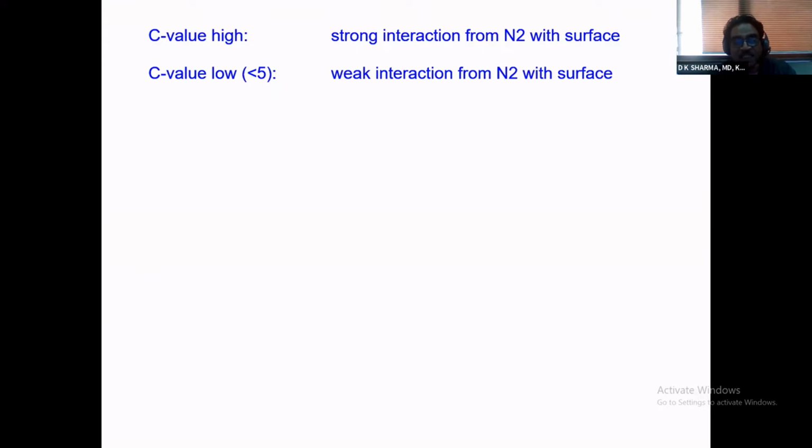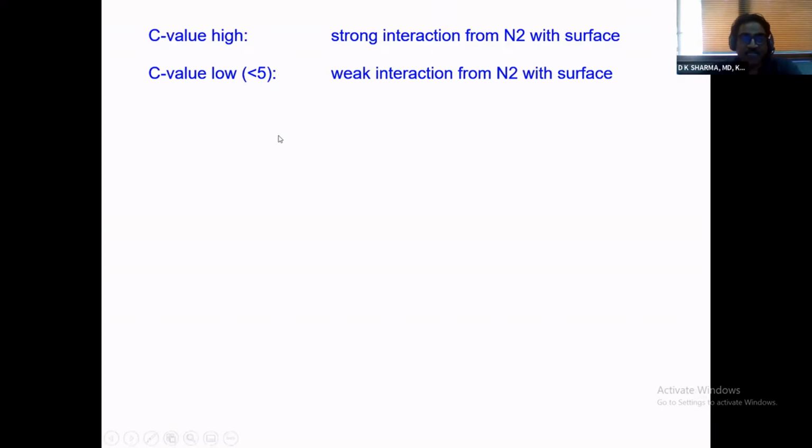Which basically means this attraction among the molecules is related to the liquefaction of the gases, and it's not something which should happen while doing adsorption.